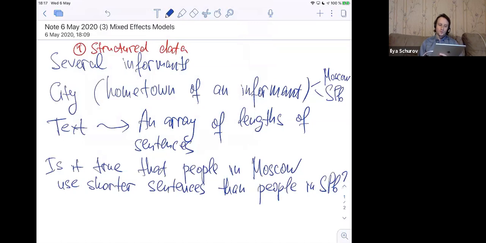So, what do you think? I have one answer in my private messages, but I hope that there are more than one answer. What do you think? How will you compare this length of sentences for people from Moscow and for people from St. Petersburg?